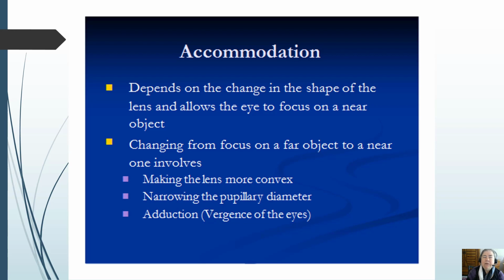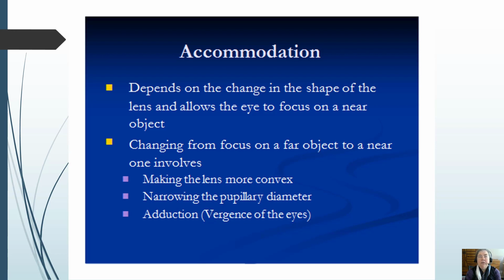So there is a reflex called accommodation. When you look far away, your pupils are more dilated and your lens is pretty flat and you're kind of relaxed because your ciliary muscle is relaxed.